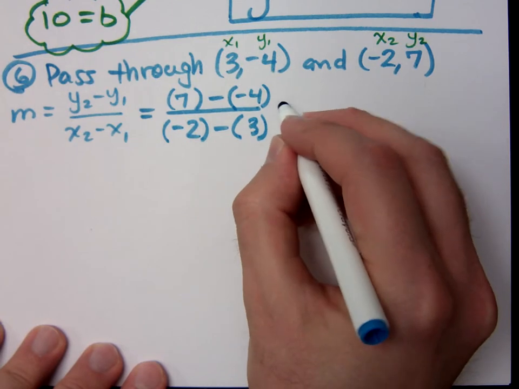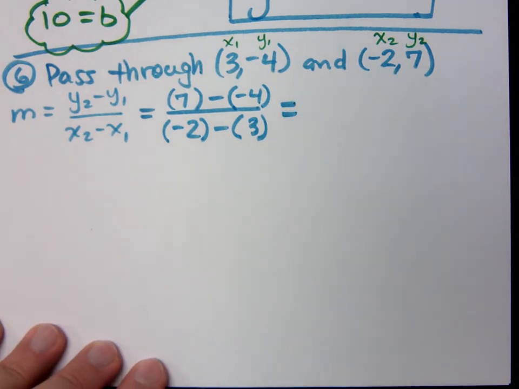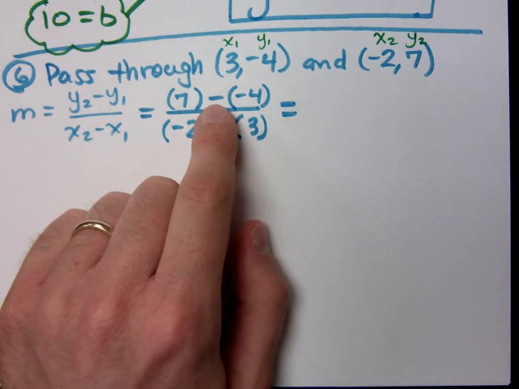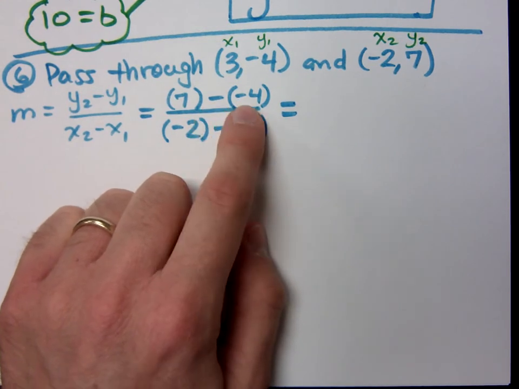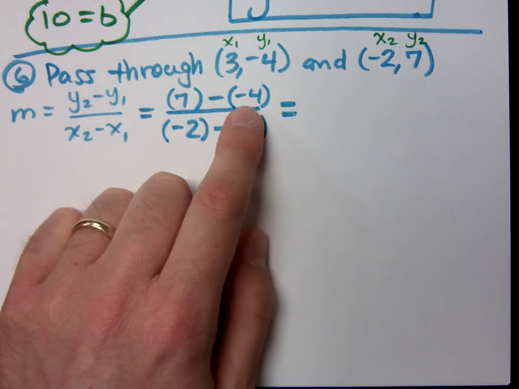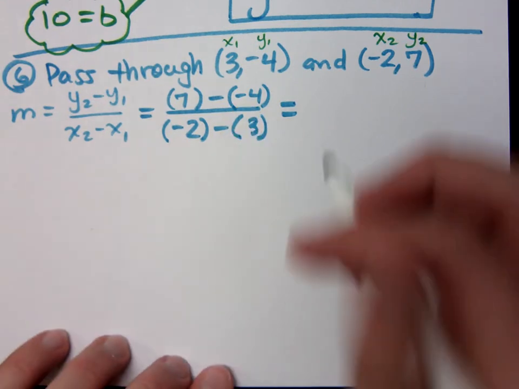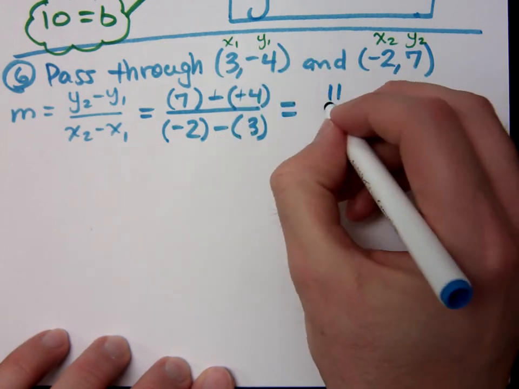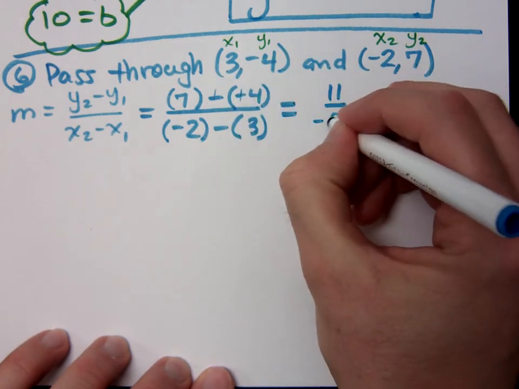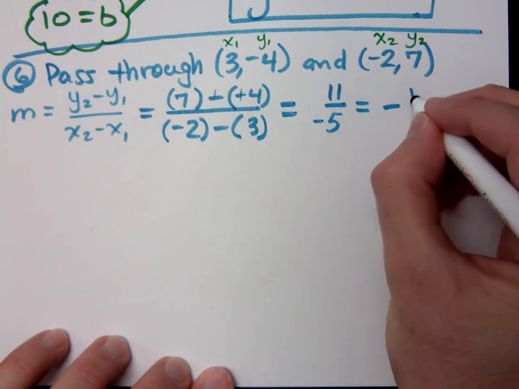Use parentheses when you plug into this formula so you don't make mistakes, especially when you look here in the numerator and you see you've got a negative, negative. This minus here is from the formula. The negative is from the coordinate. So what does that give me in the numerator? That becomes a positive 11 over what? Right, we can just write that as negative 11 fifths.